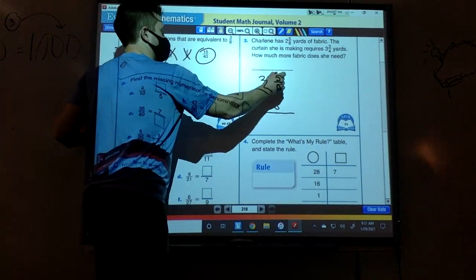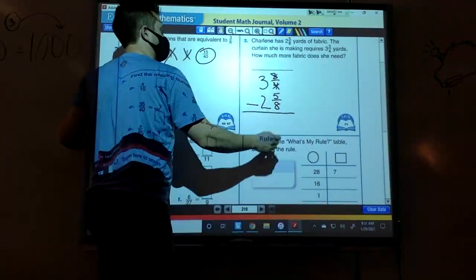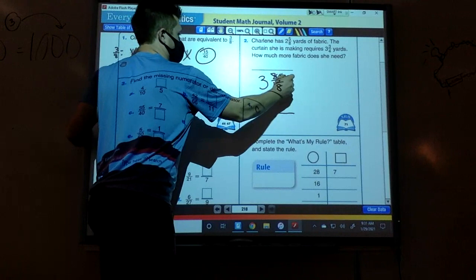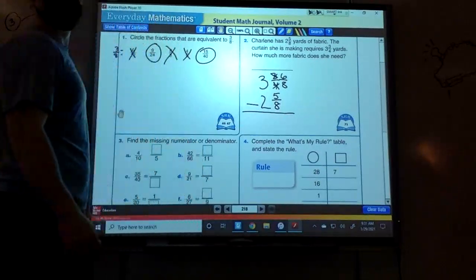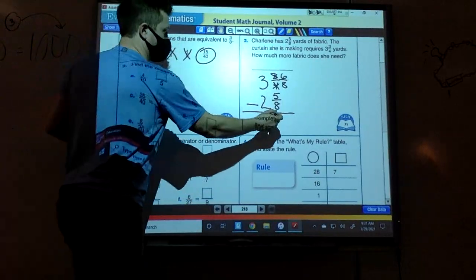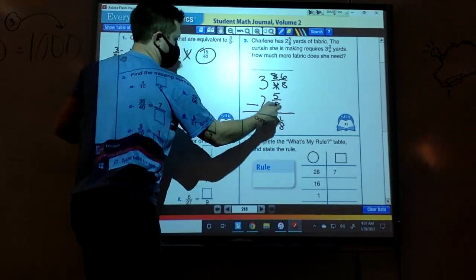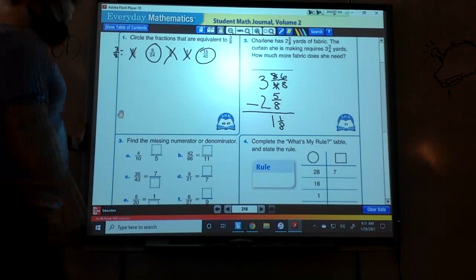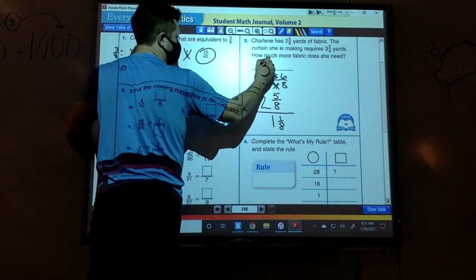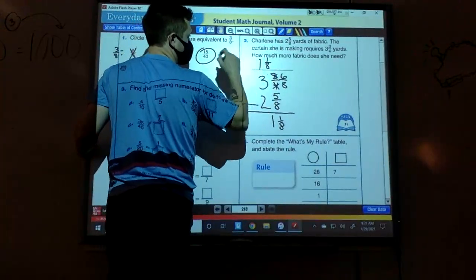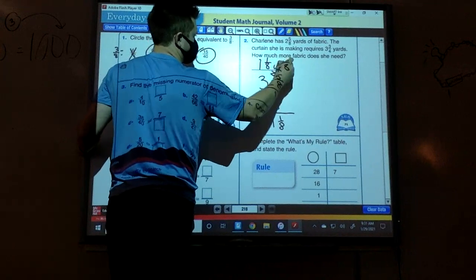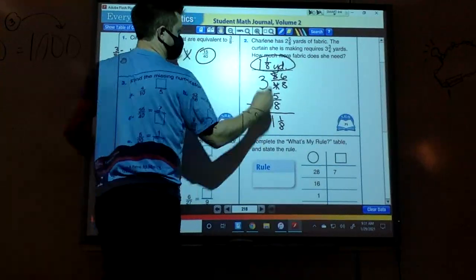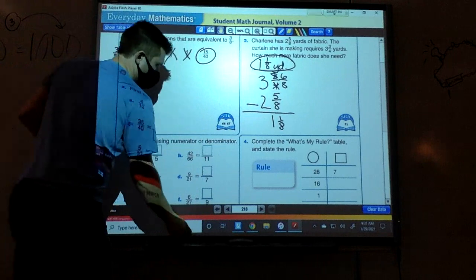Change 3/4 to 6/8. Now we can subtract, which is 1/8. And the whole numbers is 1. So she needs 1 1/8 more what? Yards. Go.